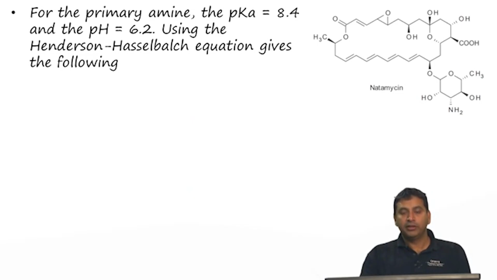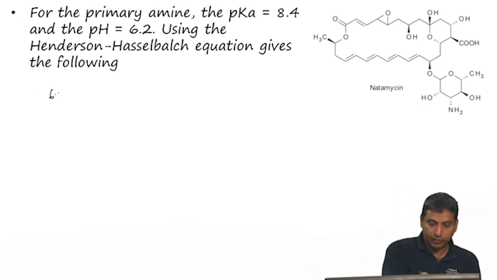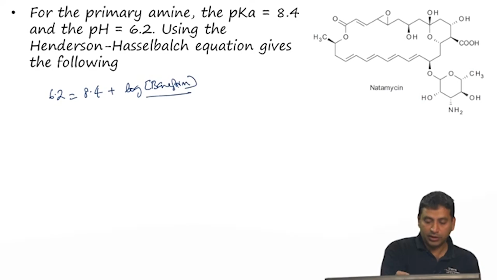For the primary amine, the pKa is 8.4, and using the Henderson-Hasselbalch equation, we get the following equation: 6.2 equals 8.4 plus log of base form divided by acid form.